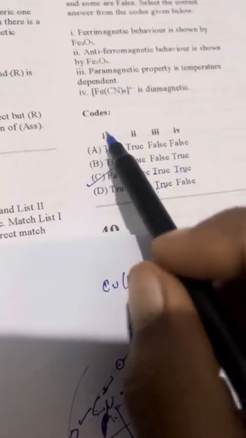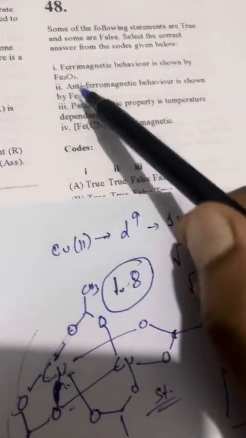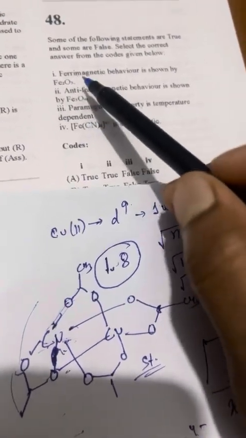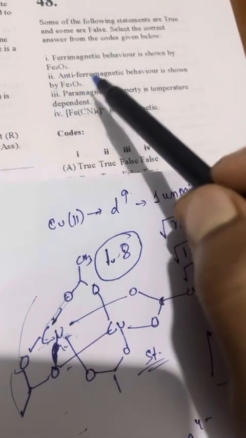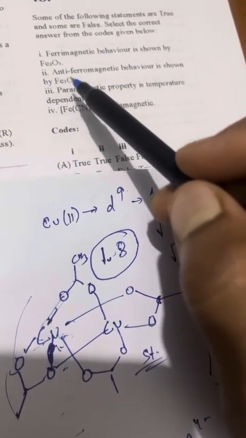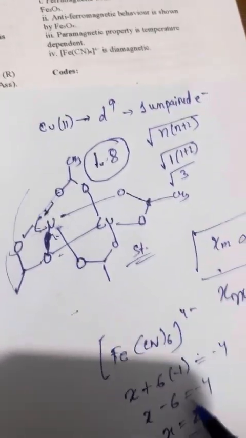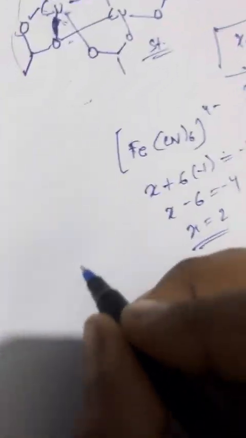In this way you have to solve everything. It's not possible that you know all the options, right? You see this ferrimagnetic behavior is shown by Fe3O4. Fe3O4 is magnetite, right? You remember this.